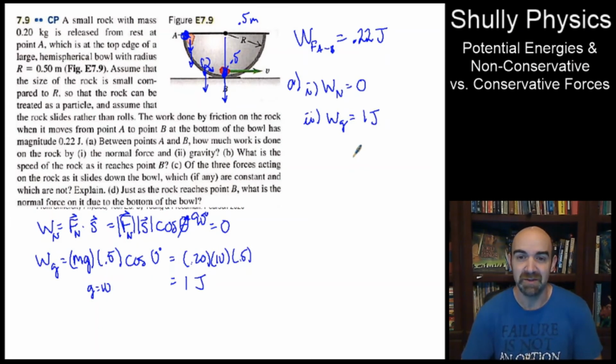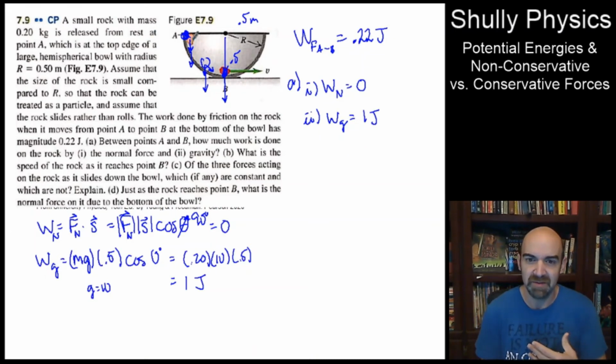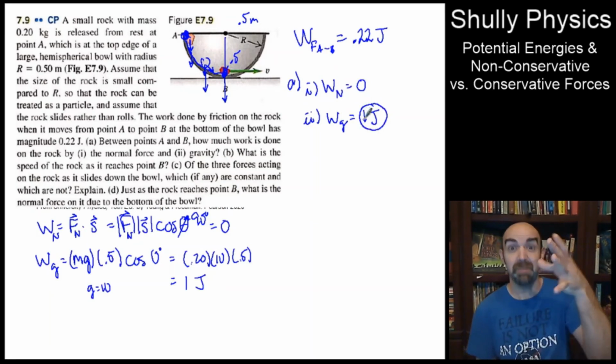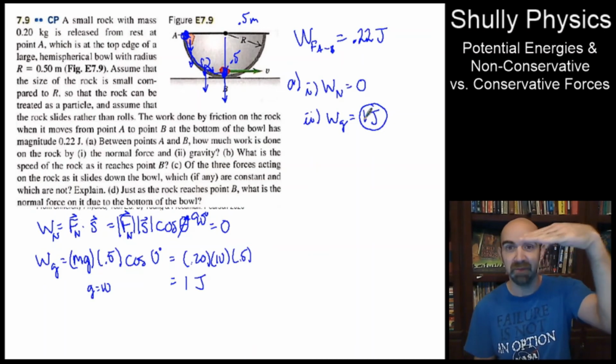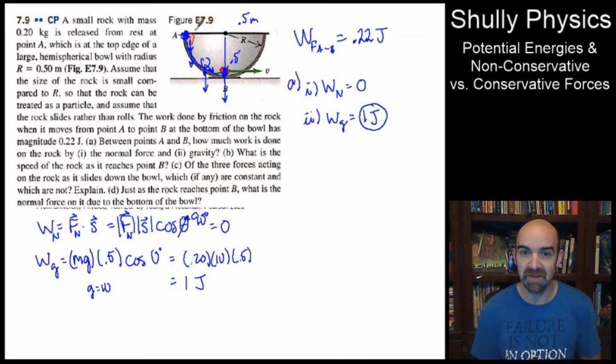Just reflect then on this curved surface. Even though the path takes the rock this way, notice that the energy at the bottom would be the same as if we just dropped the rock from 0.5 meters to hitting the ground. The actual path it takes to get down there doesn't matter. Only the height matters. Only that initial height is what matters.